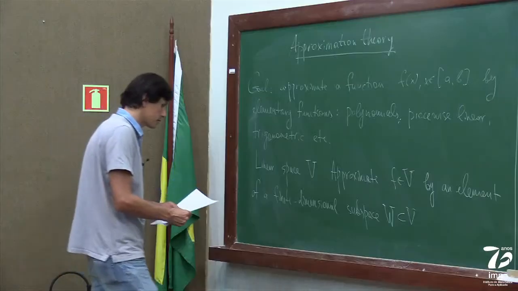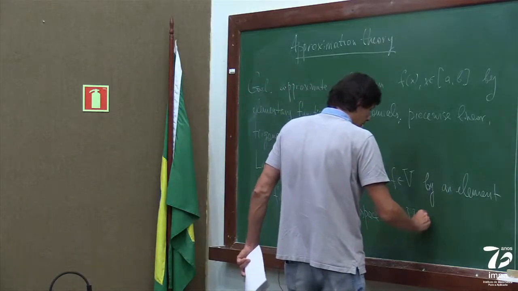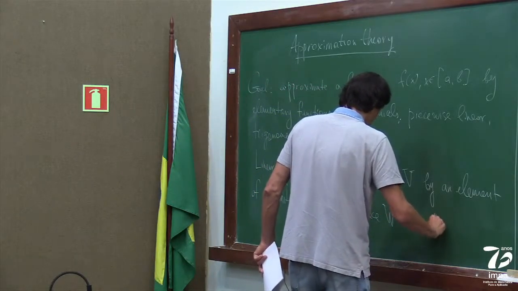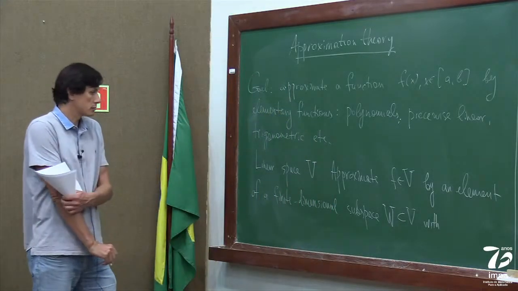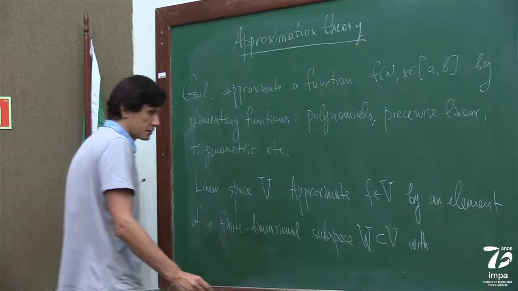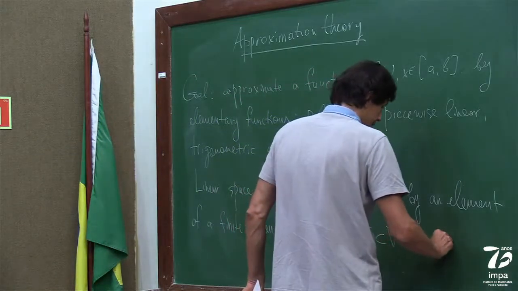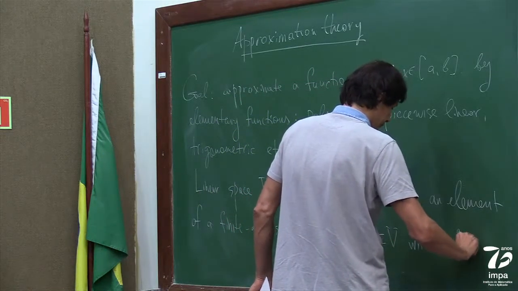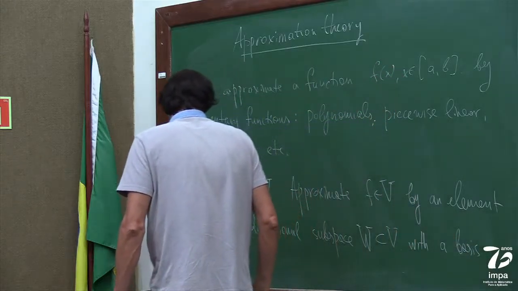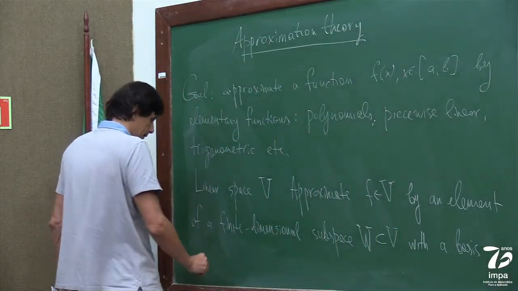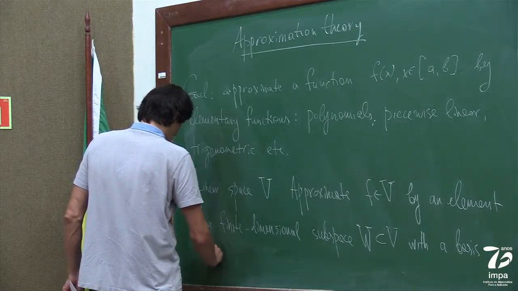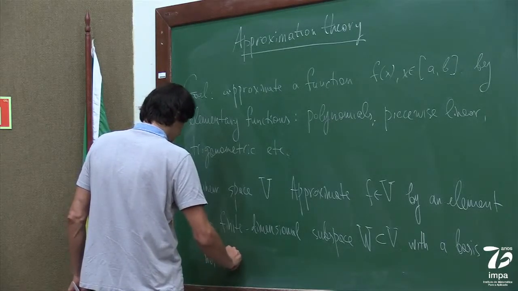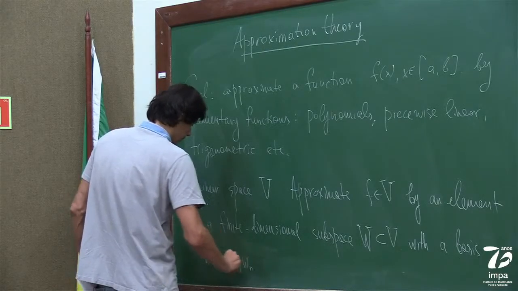Okay, so what does finite dimensional subspace mean? By definition, it means that you can find a basis. So you can find a finite number of vectors which span the space: w0, w1, ..., wn.